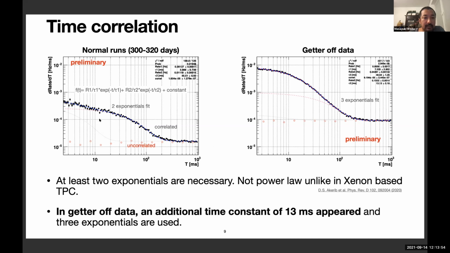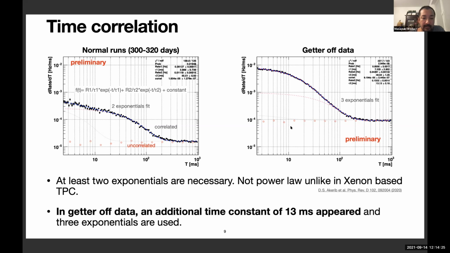Normal runs we can fit quite well with 2 exponentials, and in getter-off runs we need to use 3. One component is too small; we can fit 2, but to be consistent, we use 3 and fix the small one.